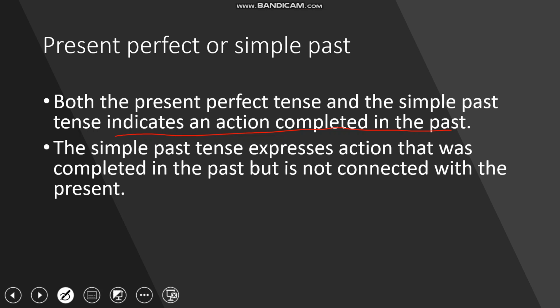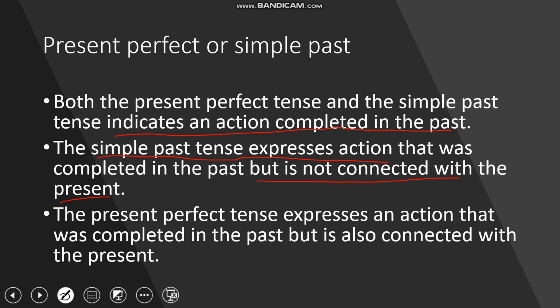The simple past tense expresses an action that was completed in the past, but it is not connected with the present. The present perfect tense expresses an action that was completed in the past, but it is also connected with the present. This is the difference.